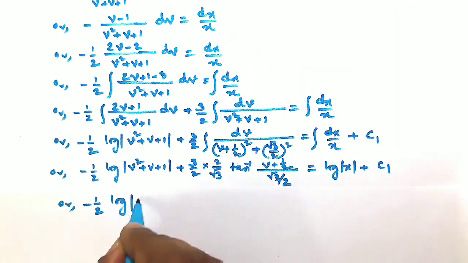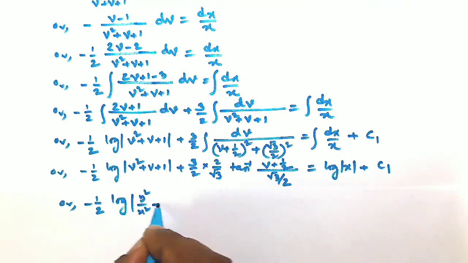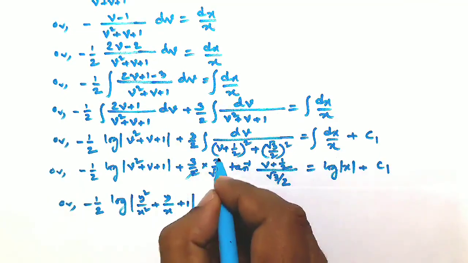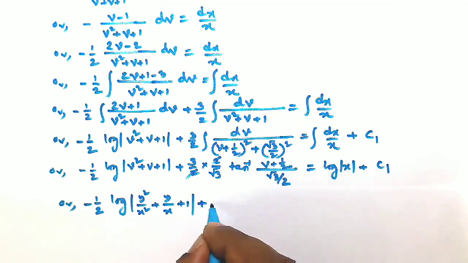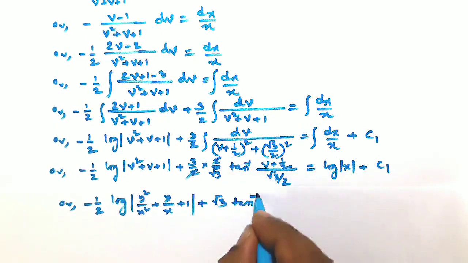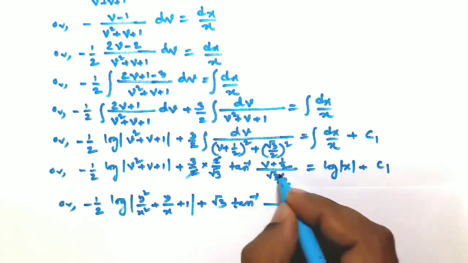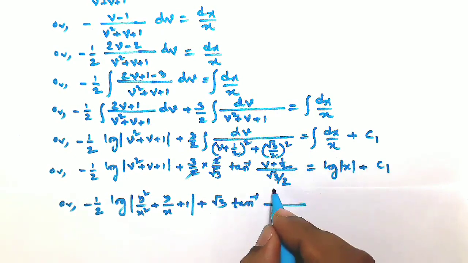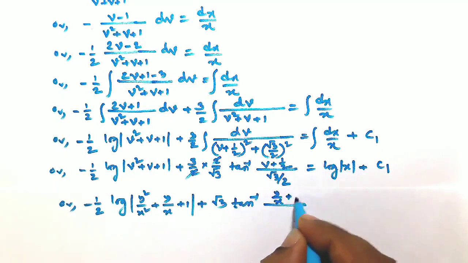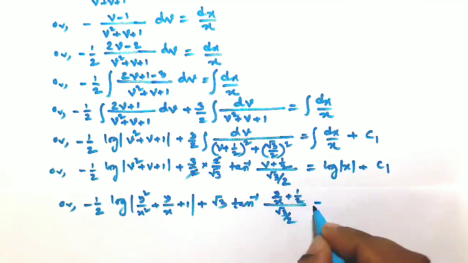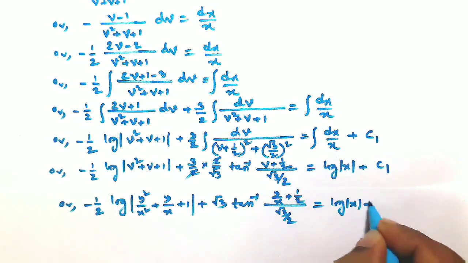So this is y square upon x square plus y upon x plus 1, and this 2 is cancelled, so we can write only 3 upon root 3, that means root 3 into tan inverse of (y upon x plus half) divided by (root 3 divided by 2) is equal to log of mod x plus c1.